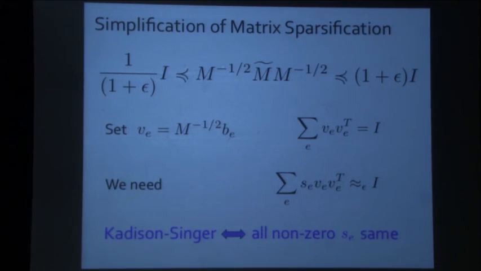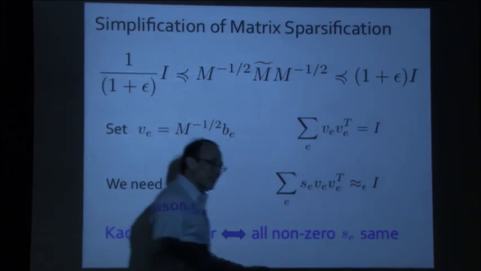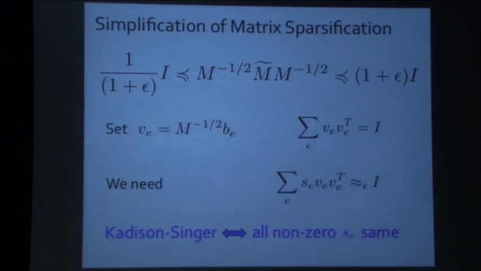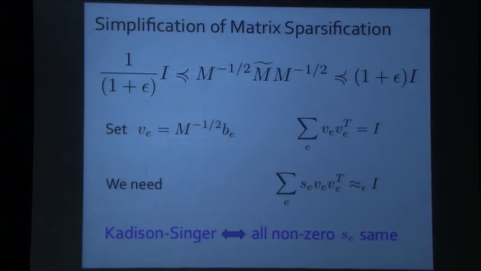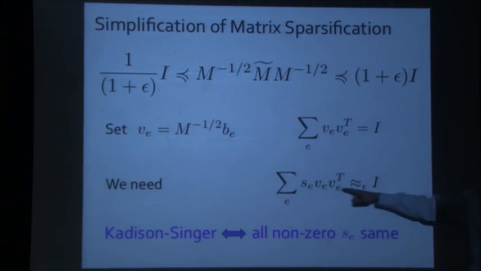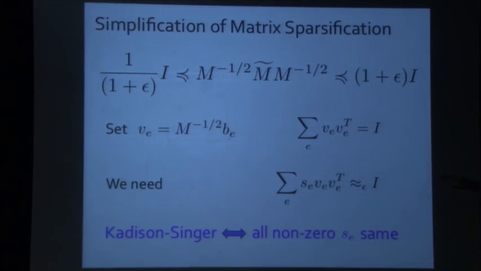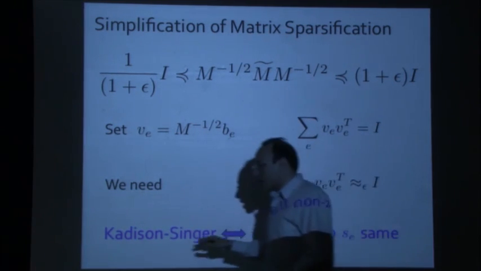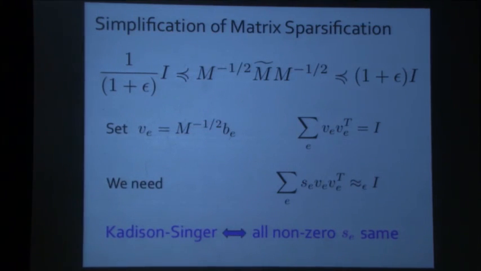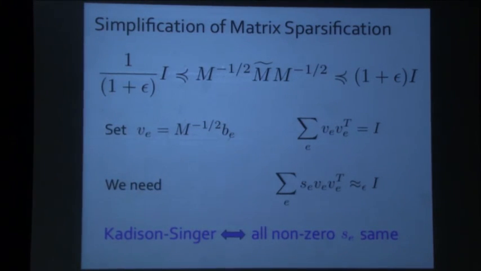So in some sense, it'll be clear in my lecture on Wednesday, but the Cadison-Singer problem is essentially equivalent to proving a statement like this, where all of the non-zero scaling factors should be the same, as long as there are no vectors of particularly large norms. So one exceptional case you have to get rid of. I'm not going to do that today. These scaling factors will come up in my proof for reasons that I do not completely understand.